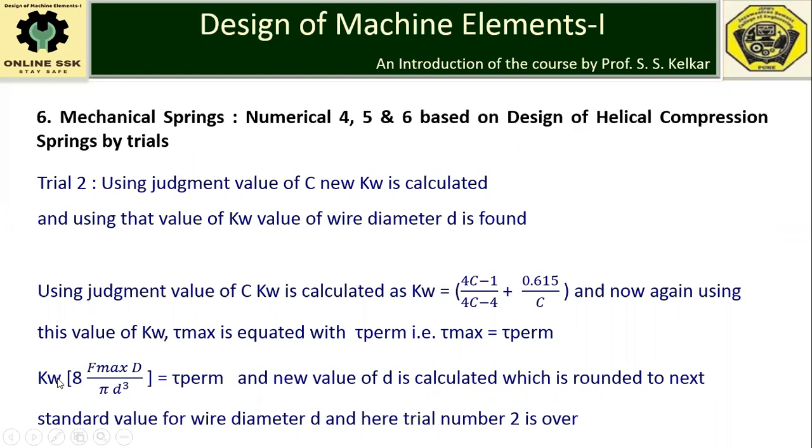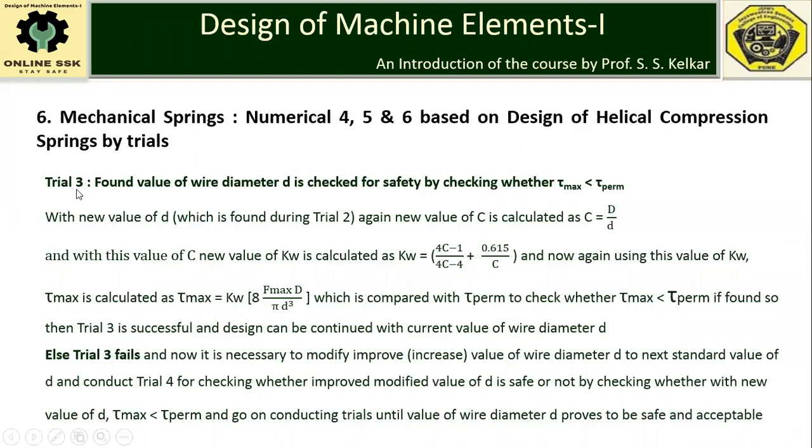Now using this judgment value of Kw and equating tau induced with tau permissible, again value of d will be calculated. This is the wire diameter calculated during trial number 2, which is checked during trial number 3.